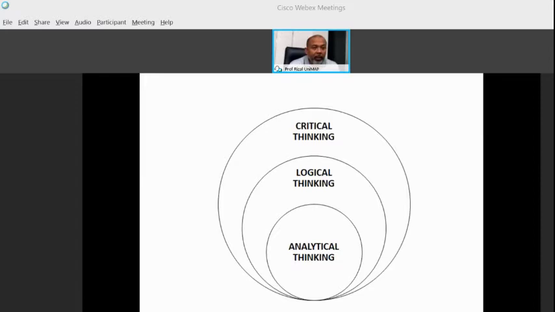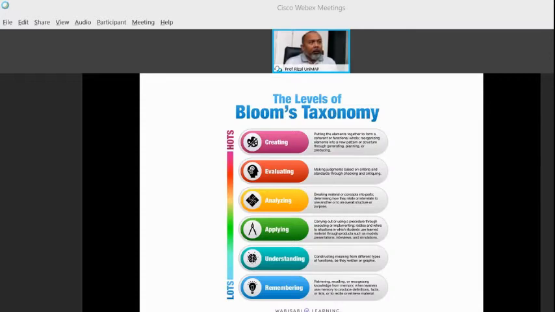For example, if we are trying to generate as many ideas as possible, we need to put aside the critical thinking a bit and use creative thinking tools, because creative thinking tools are there for us to be able to generate ideas before we are critical of the ideas. So there are many tools available. Okay. I think this is like Bloom's taxonomy for us in the university academic circle.